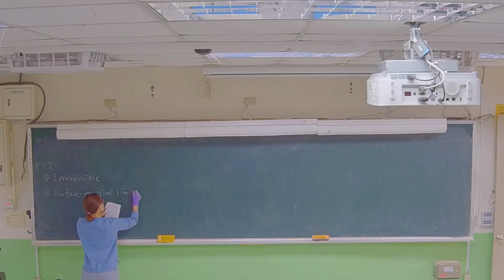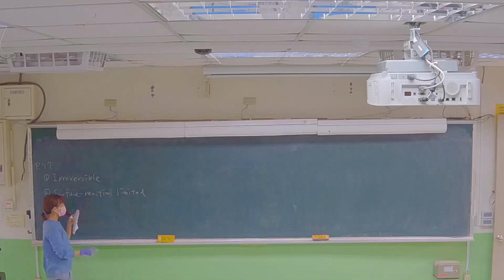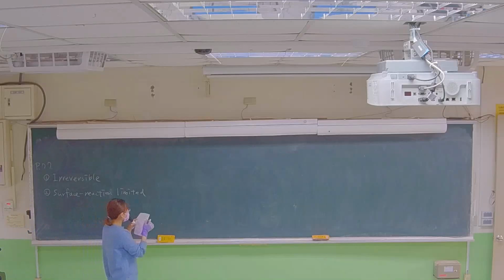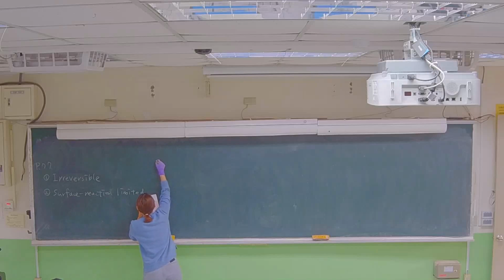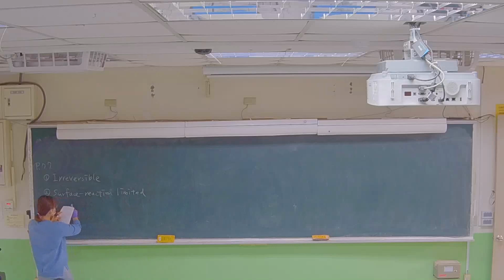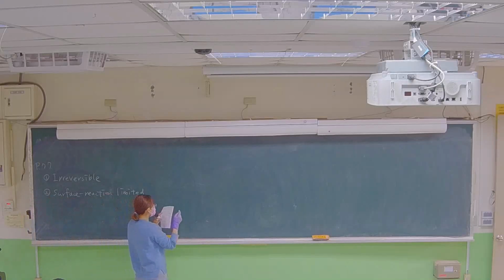Based on these two assumptions, we can tell the mechanism from the rate law. So first one, I would like to give you different surface reaction types, and we can tell something from the rate law. Okay, so first one, if that is single site.